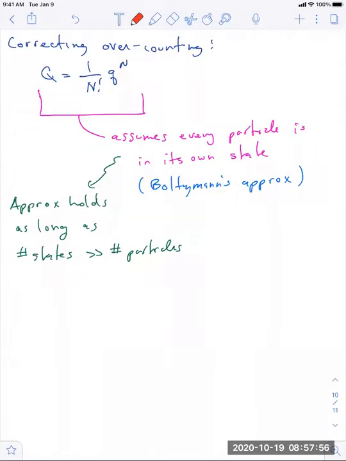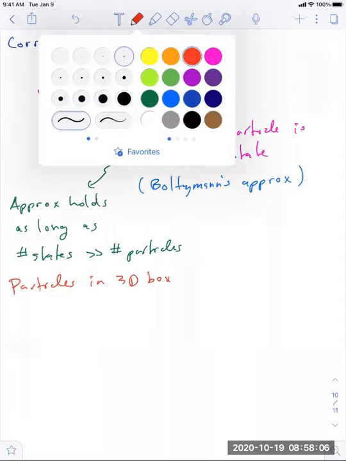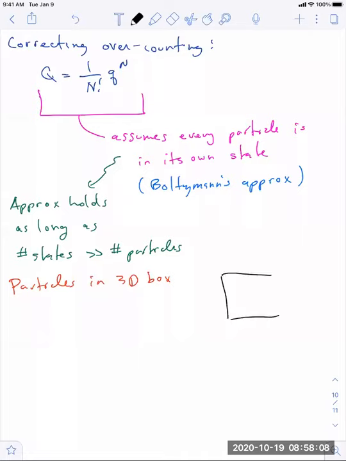All right, so let's take a look at when this might be valid. Let's take a system of particles in a 3D box. Once again, I'll try to draw something. So here's our box. It's a cube with length A, and it has some monoatomic particles in it.